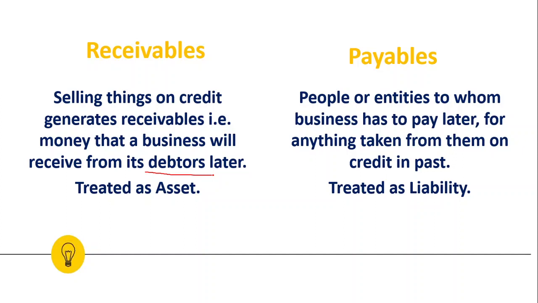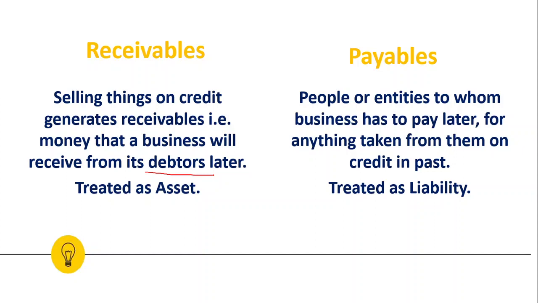Receivables is an alternate terminology, sometimes used synonymously with debtors, but there is a slight distinction as well. Debtors are actual people or entities who owe money to the business. But receivable is the record of the money, how much money is to be received in future. So the amount that will be received from debtors in future will be treated as an asset because the benefit is associated with some future date.